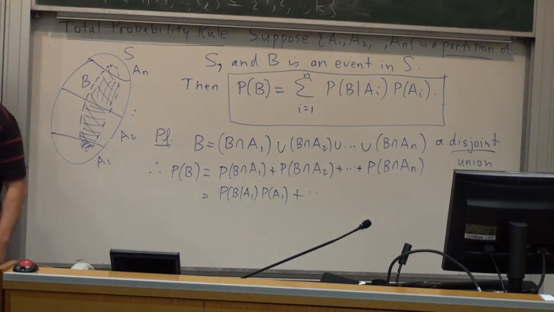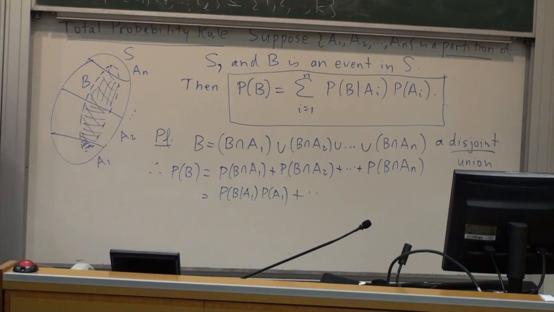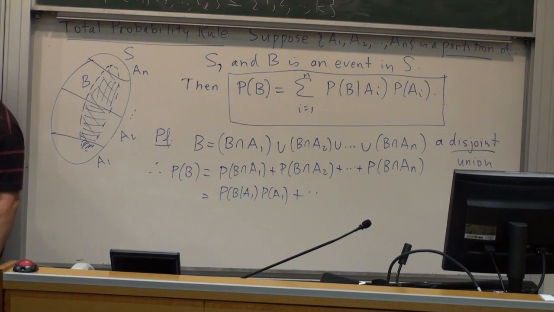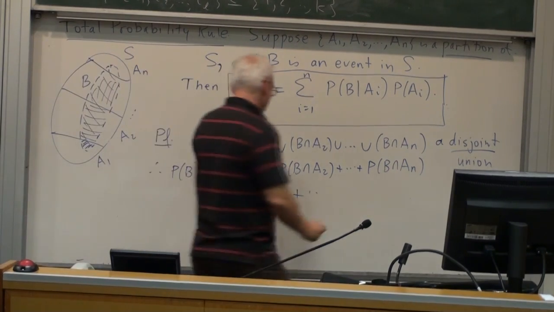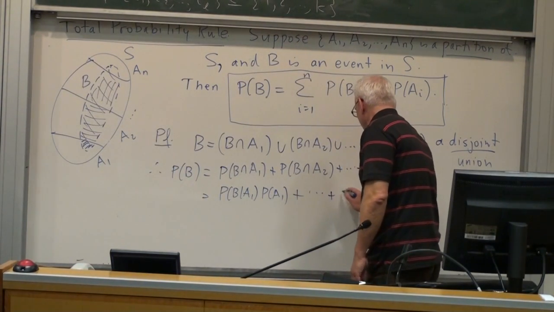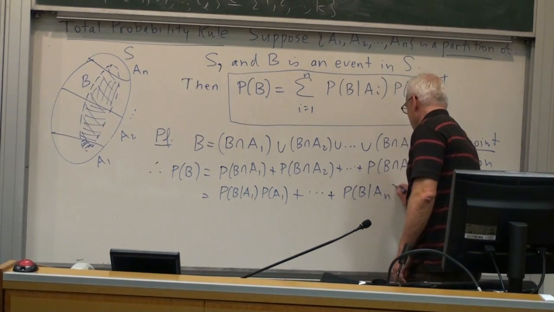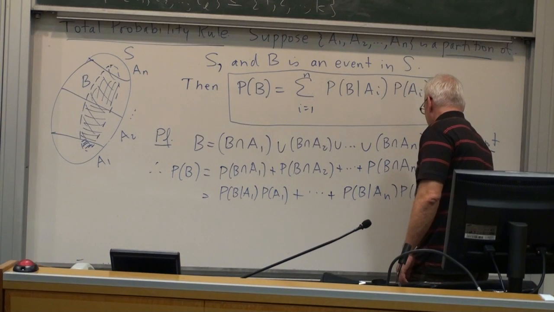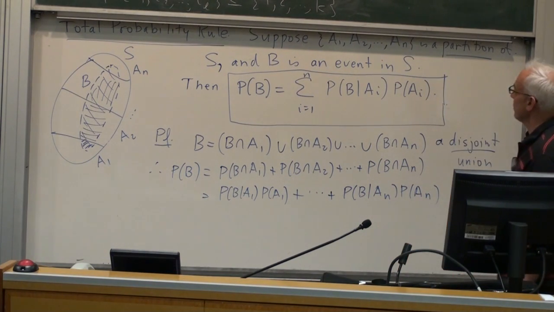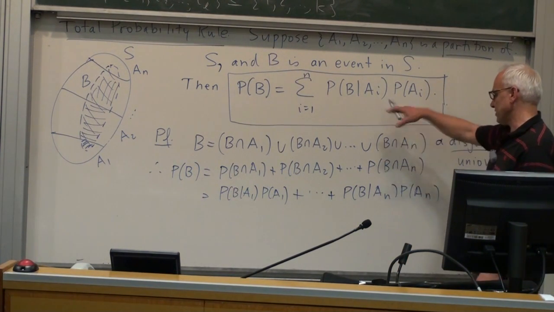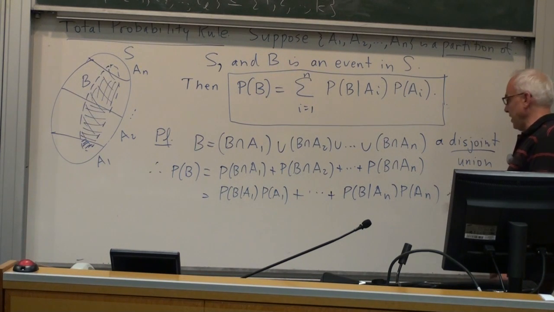If you just take this equation here and you solve for this thing, you get the probability of A intersect B is the probability of A given B times the probability of B. And we just do the same thing for all of these terms, all the way up to the last one. We get the probability of B given AN times the probability of AN. And that's what we're writing down here. That's just the same expression written in summation notation.